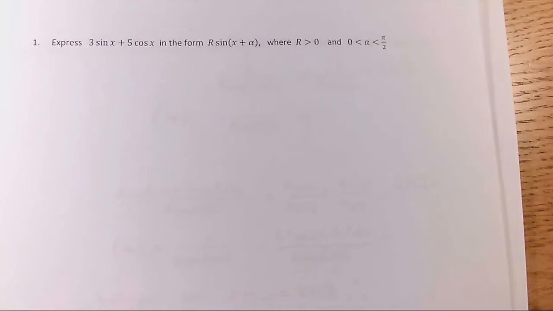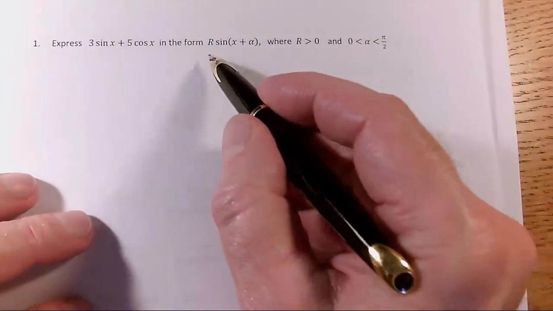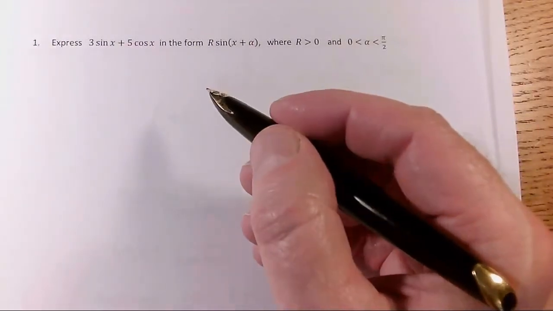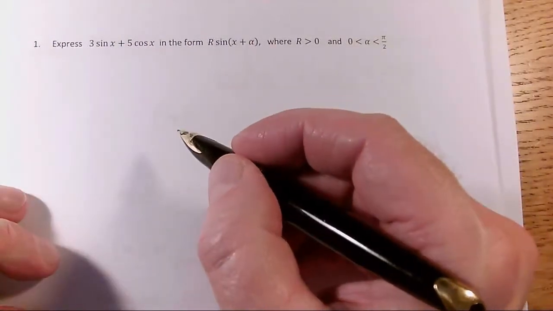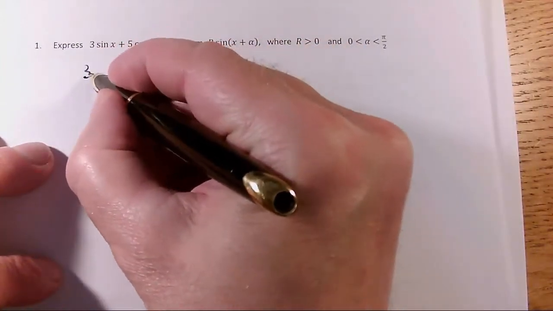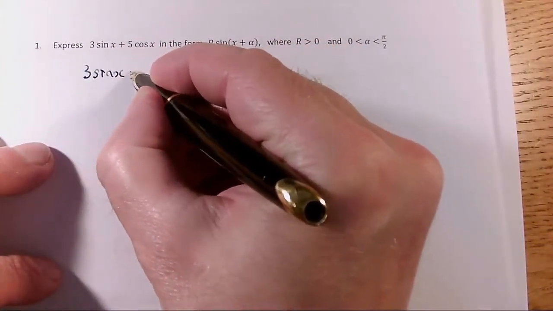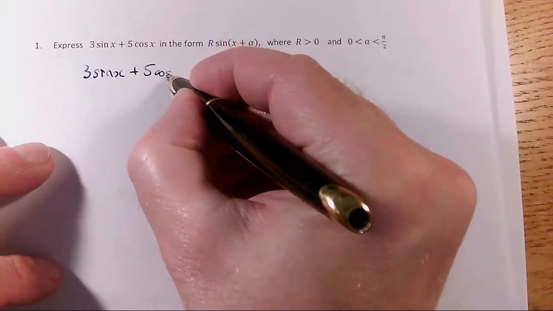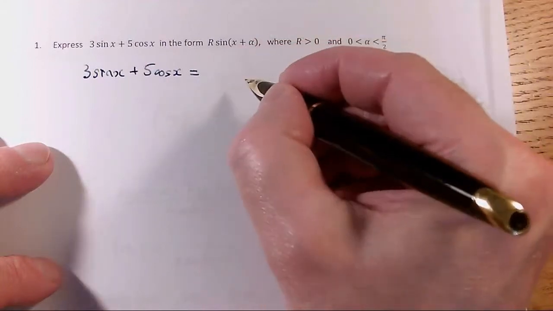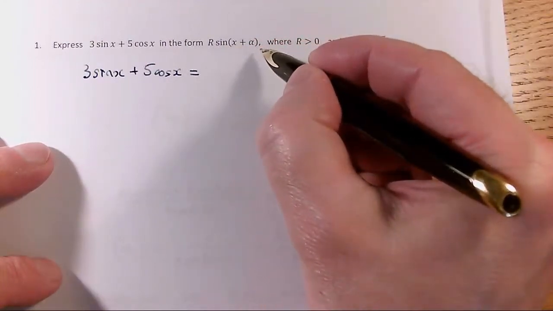But I think you should be able to get this from first principles by expanding this, doing some comparing coefficients, and you can reduce the amount of working you show later if you choose to do that. So we're going to start with 3 sine x plus 5 cos x. Okay, and that's got to equal r sine of x plus alpha, but I am going to expand this.